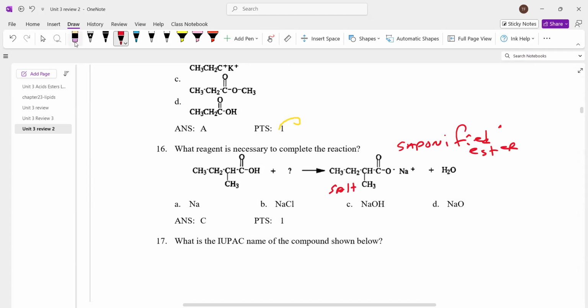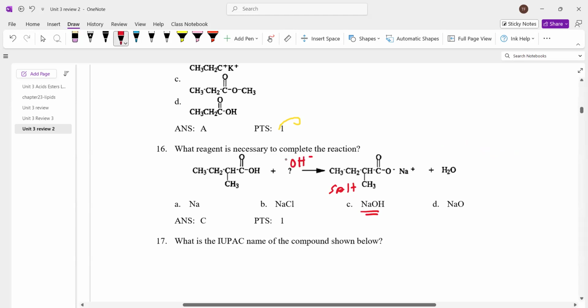Actually, let me back up. We're starting with the acid, not ester. So basically, with the hydroxide present from the sodium hydroxide, that guy and that guy come together to form the water.